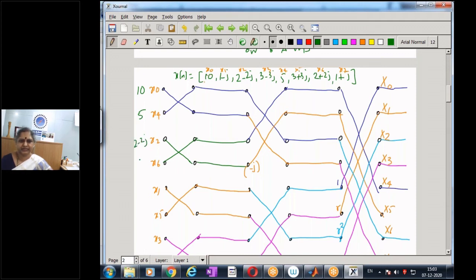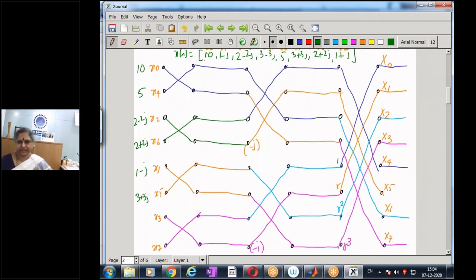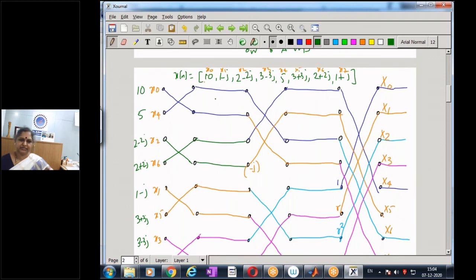And x6 is a 2 plus 2j. x1 is a 1 minus j. x5 is a 3 plus 3j. And x3 is a 3 minus 3j. And x7 is a 1 plus j. So this is what we have. Now let us try to compute the first one. So what is this branch here?